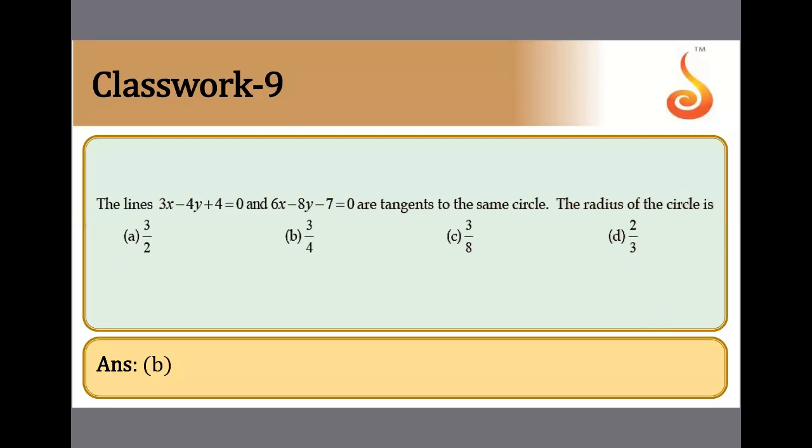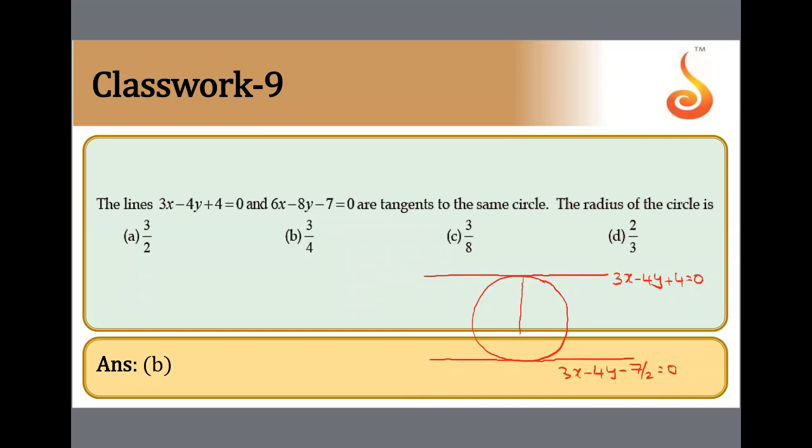Next one. Question number 9. 3x minus 4y plus 4 and 6x minus 8y minus 7 are tangents of the same circle. What do they mean? This is one tangent, equation 3x minus 4y plus 4 equal to 0. This is another tangent, 3x minus 4y minus 7 by 2 equal to 0. So they are parallel.